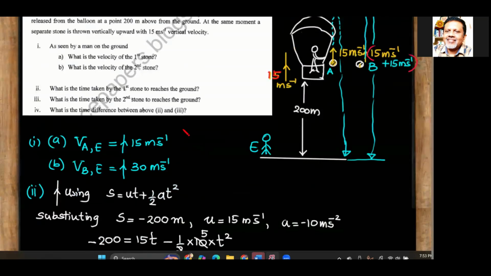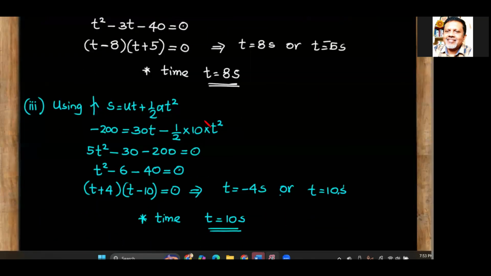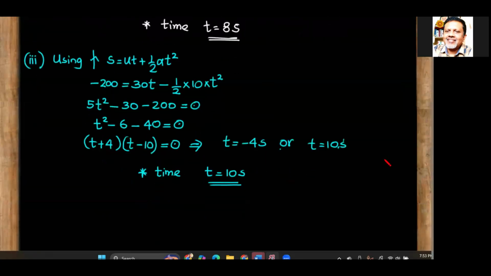Fourth question. What is the time difference between the above 2 and 3? Right, the time difference between the 2 and 3 should be only 2 seconds. So we have the answers, therefore easily we can get the time difference. We can consider it as delta t.